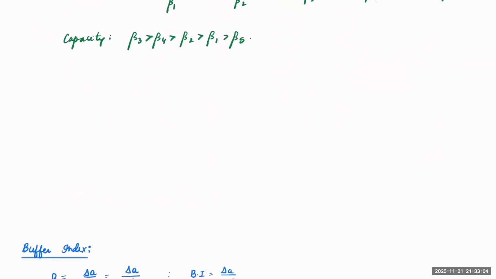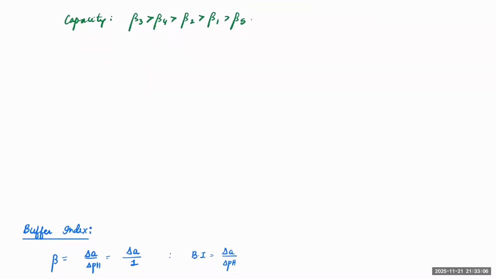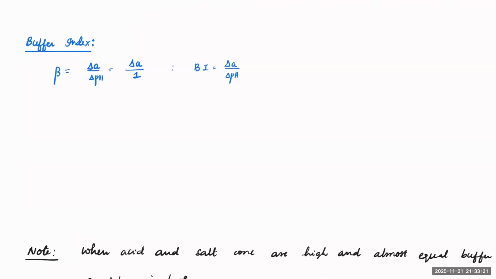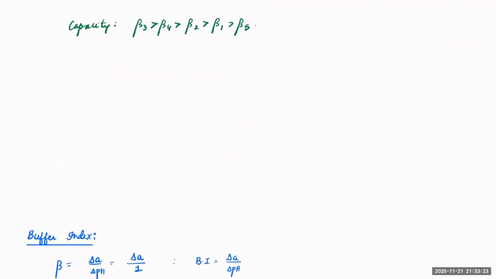Right. Now, without approximation, suppose if at all I have to figure out what will be the value of buffer capacity, clear? Then how would I write that? Let me write it in this space.